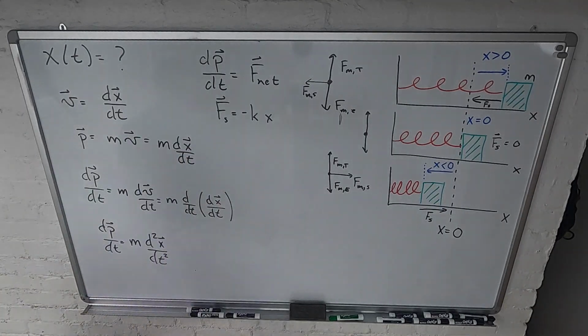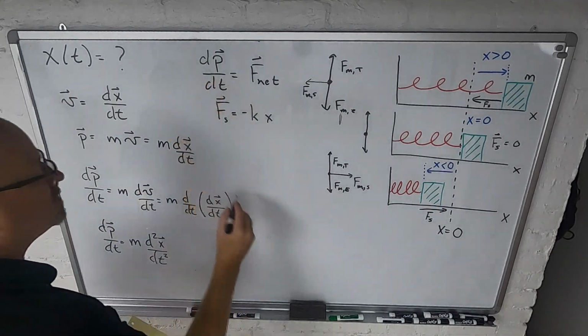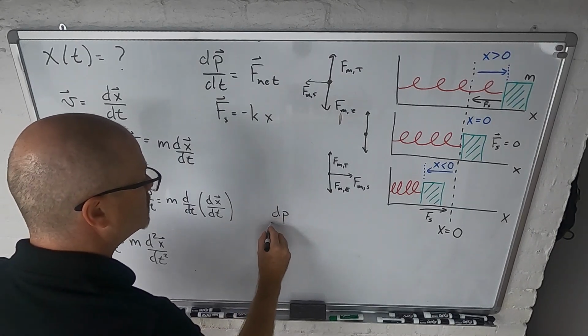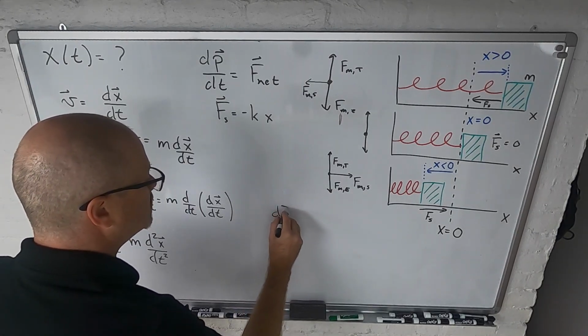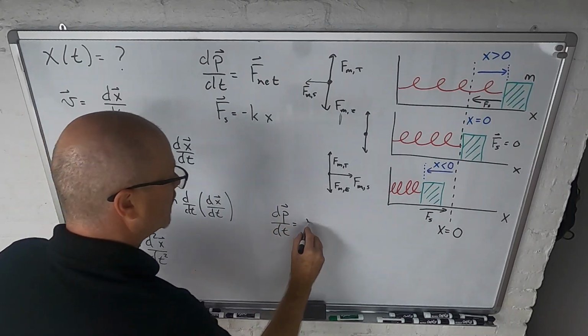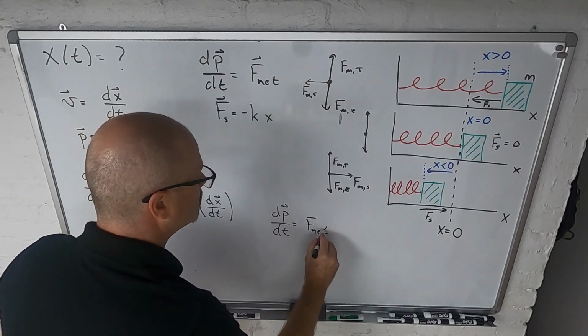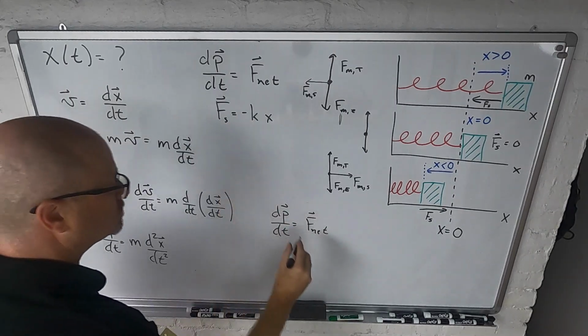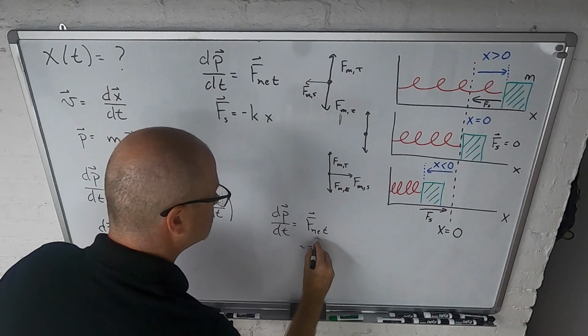So let's write that down. That momentum principle, dp/dt, is F net, and F net is minus kx. That's easy.